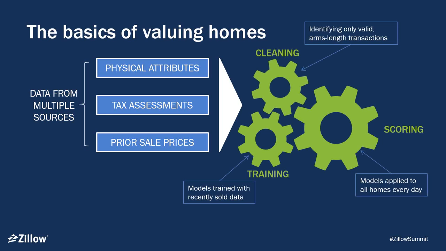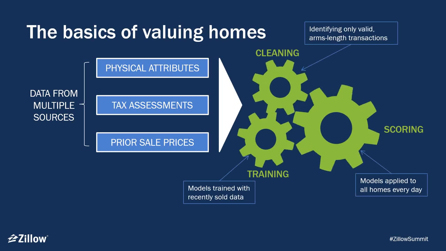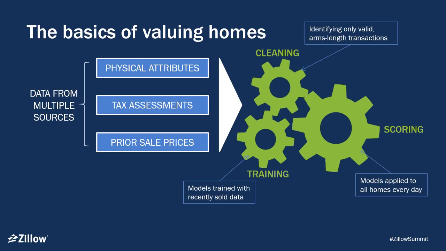Now, once I have my data set, I'm going to put it through a process. The first stage in that process is to clean all the transactions. I want only those transactions that reflect normal consumer-to-consumer sales. I want to get rid of all non-arm's length transactions. I don't want mothers selling to sons. I will remove all auctions, all foreclosures.